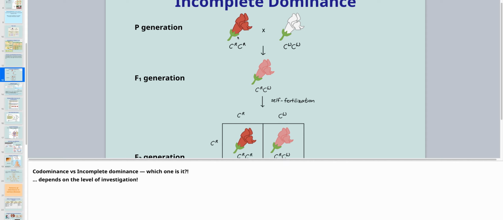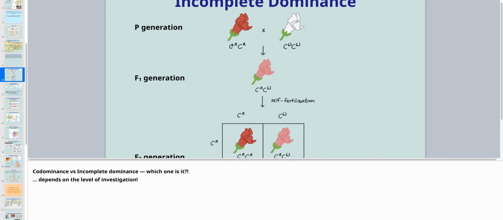And notice the symbols we use to denote these incomplete dominance alleles. If we were to use big R, small r, that would indicate that the red is dominant over white. But that is not the case here, since both of these will be in some way manifested in the offspring.